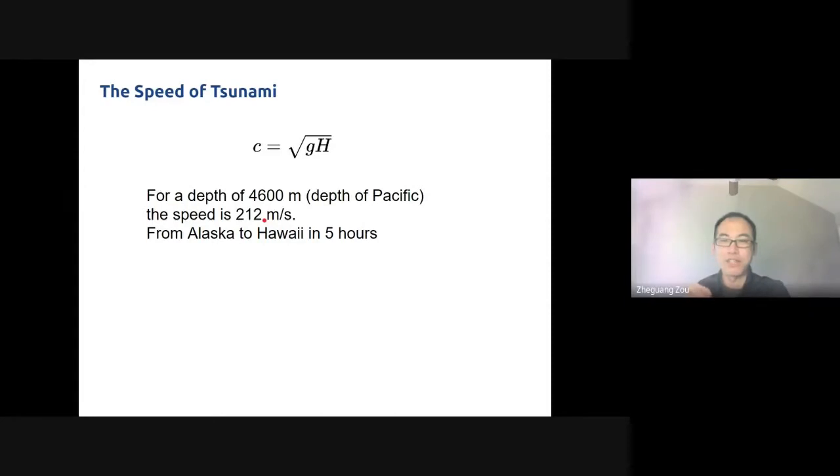That's very quick, like half of the speed of sound. That's why it traveled from Alaska to Hawaii in only 5 hours. In the open ocean, the water depth is much larger, so the shallow water wave has to travel very fast, very scary.